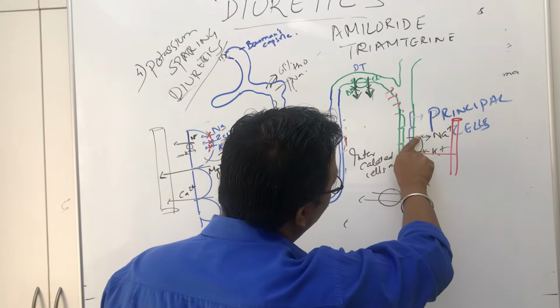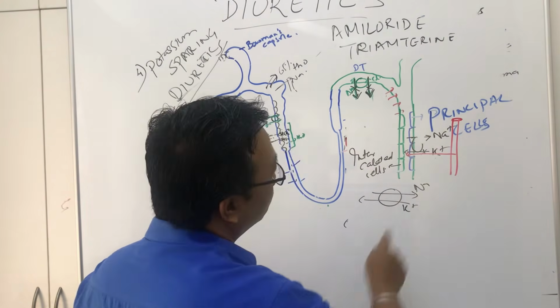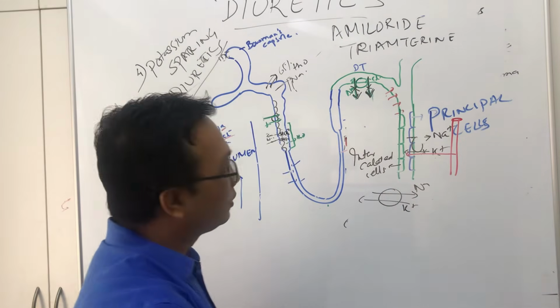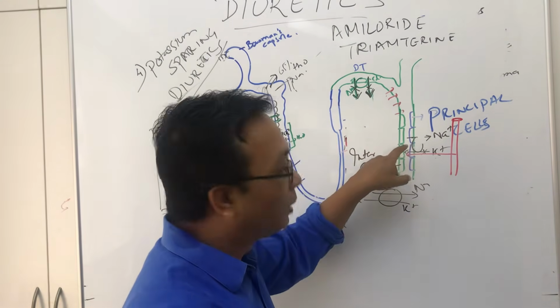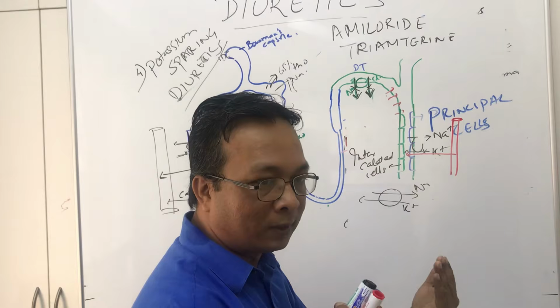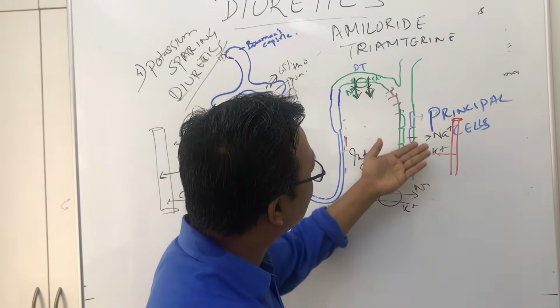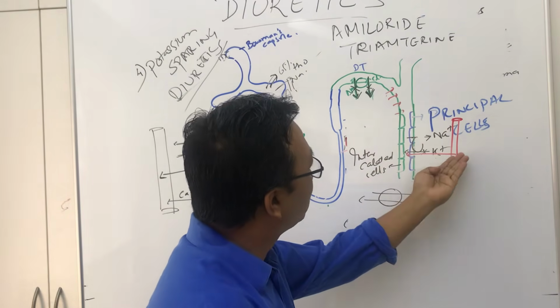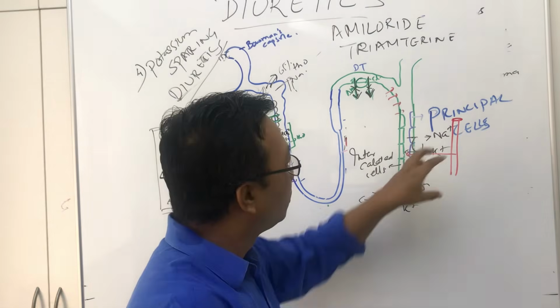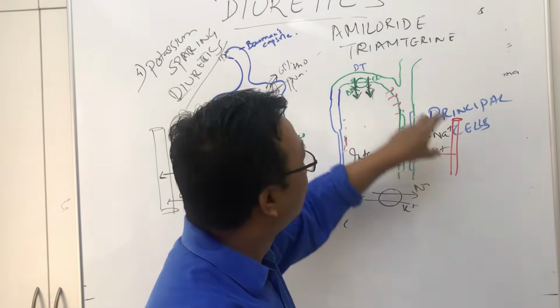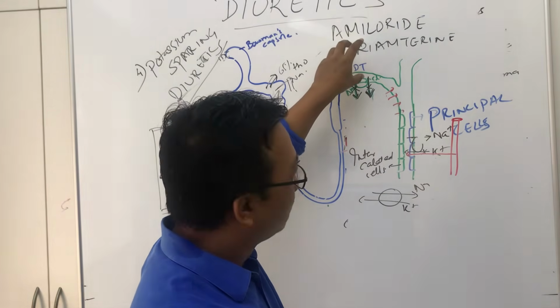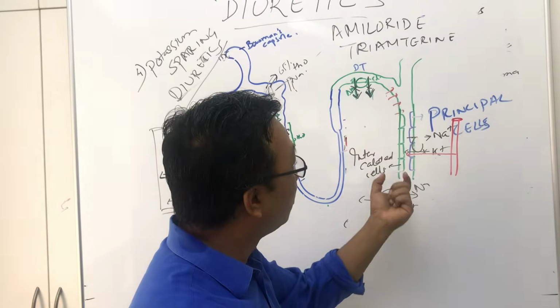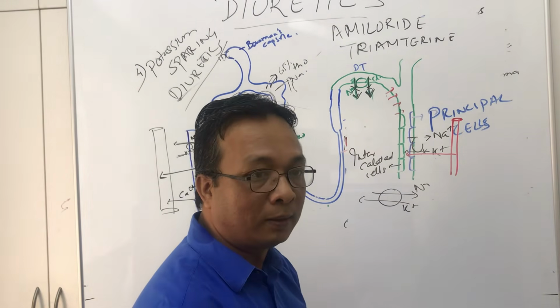As a result, sodium is not absorbed, so potassium is not coming out, because this is a give-and-take exchange mechanism. If you don't allow sodium to go into the blood, potassium also will not come out of the blood. So the blood preserves potassium when you give this type of drug. It is the only drug that prevents hypokalemia.